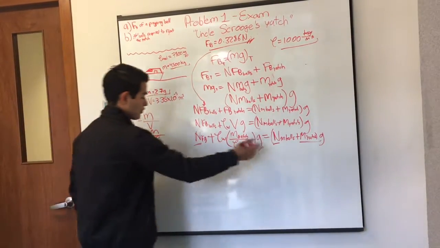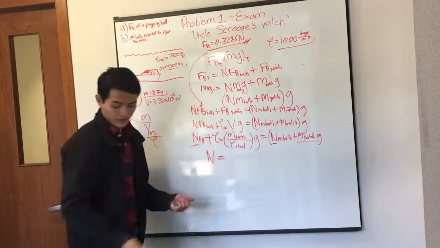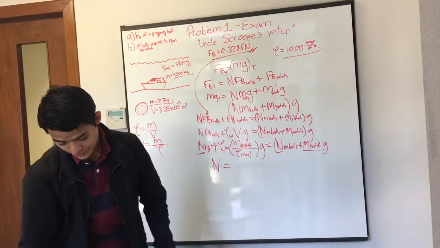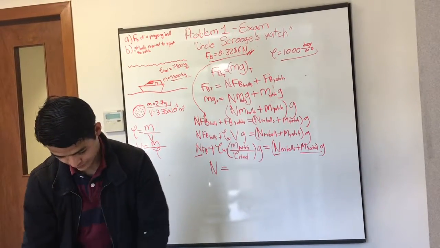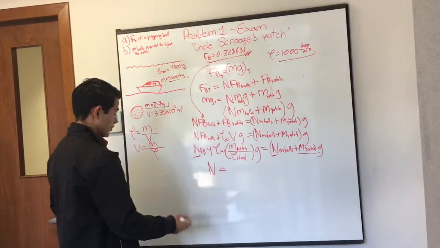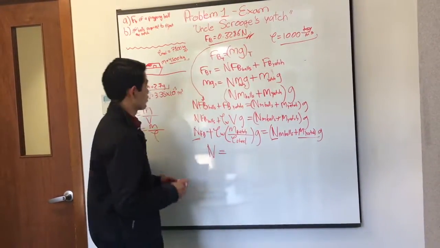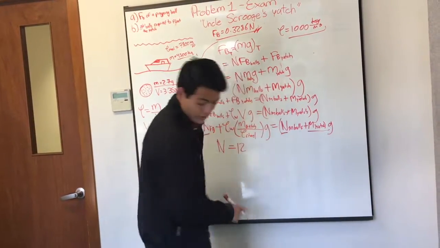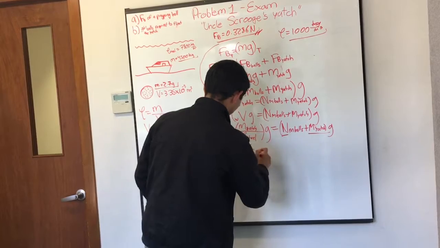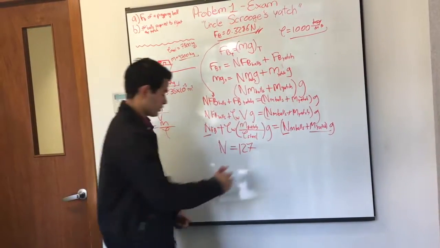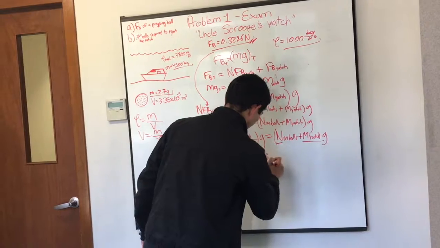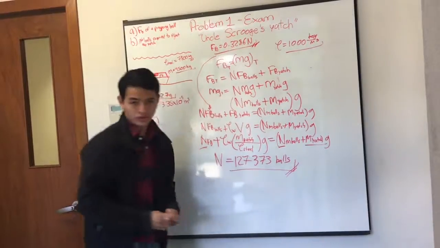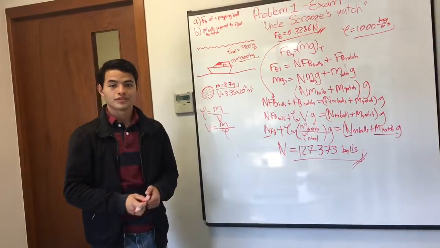Once we substitute everything and solve for n, the total number of balls required to float the yacht again is 127,373 balls. So that's how you solve this problem. Thanks for watching.